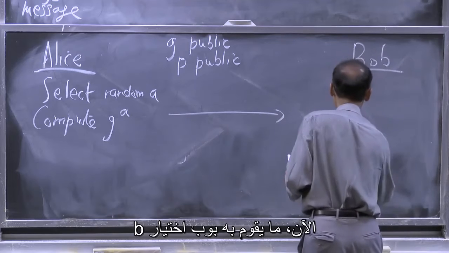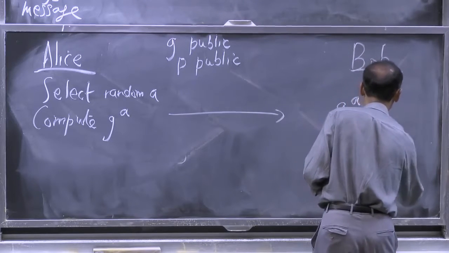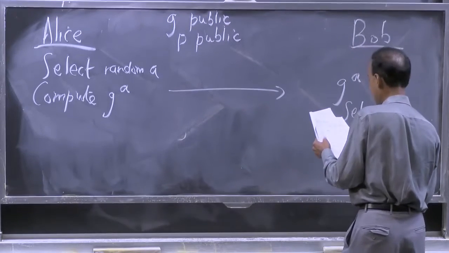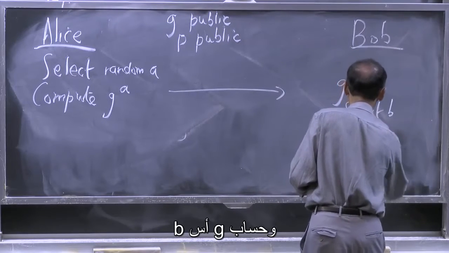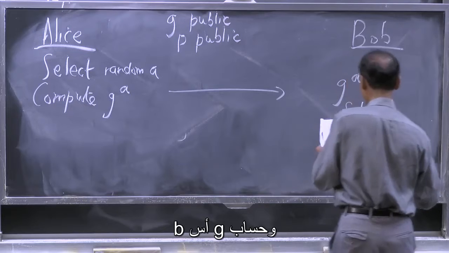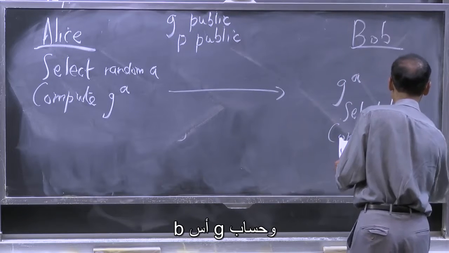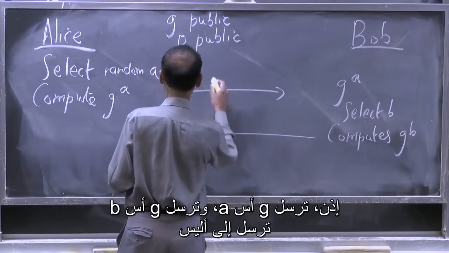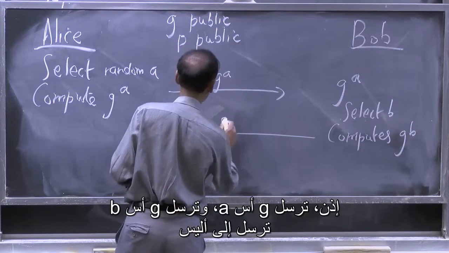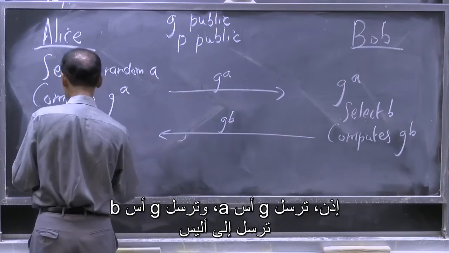Now what Bob does is select B and computes G raised to B and sends that over. So G raised to A is being sent over, G raised to B is being sent over to Alice.